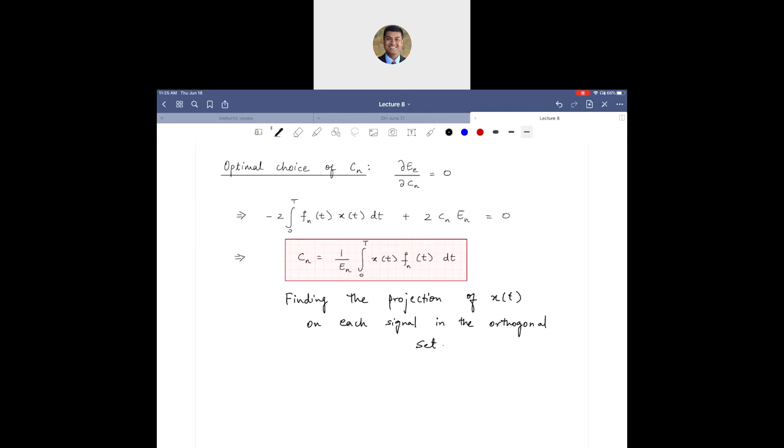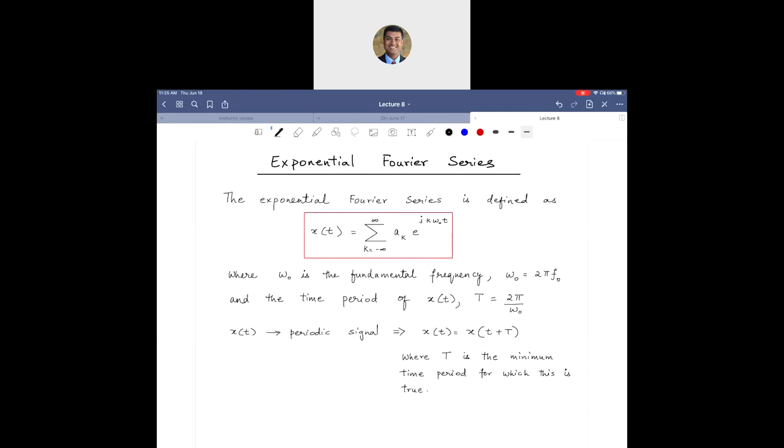Right? Because if you have a point in 2 dimensions, you will project it onto the x-axis and the y-axis, and you will get x1 and y1. Those x1 and y1 are essentially C sub n in our case. So that's going to be the optimal choice of the coefficients that go along with each of those functions.